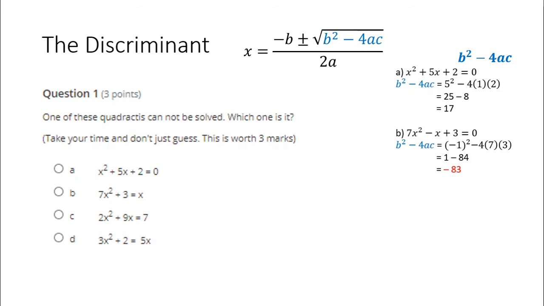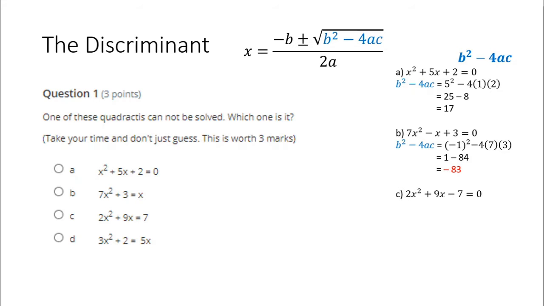But let's just make sure it's the only one that can't be solved. So let's have a look at C. Now C wasn't in the correct format yet either. I needed it to be equal to 0, so I started by taking the 7 from the right-hand side. It was positive, so I subtracted it off from the left-hand side. So I now see that a is 2, b is 9, and c is negative 7.